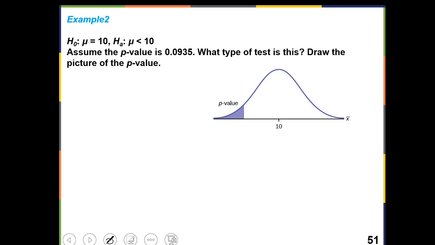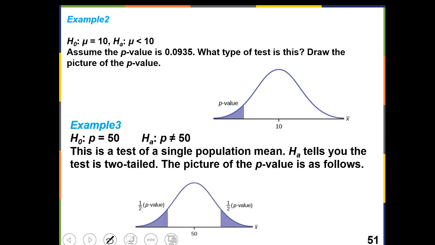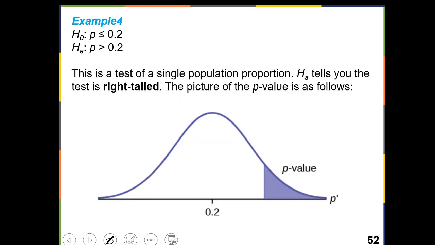Or we have a right tail, a two tail, which means alternative hypothesis is what? Not equal to. Then we get two tail. And then we take that number, we put it here, we calculate this area and multiply it by 2. And it could be a right tail. How do we know it's right tail? Because alternative hypothesis is greater than, right? And then we calculate this area, that's p-value.